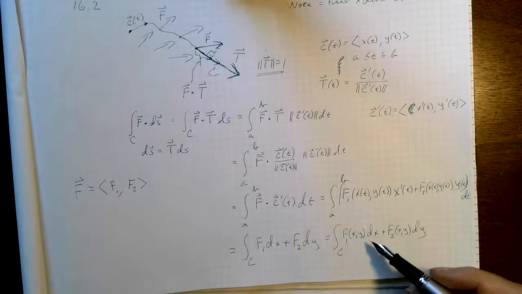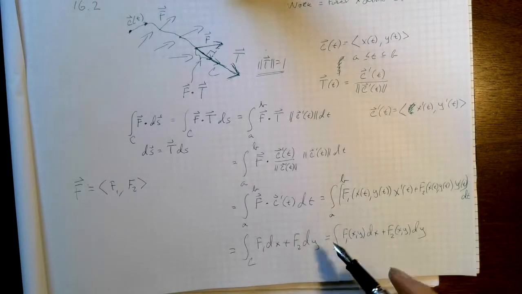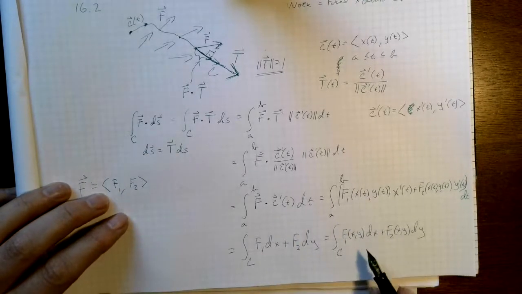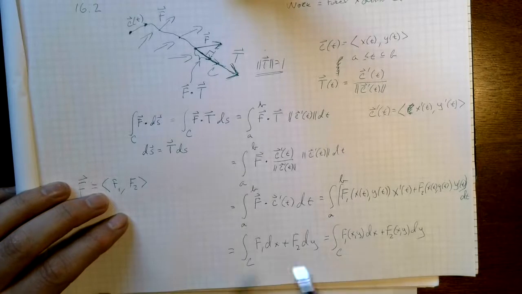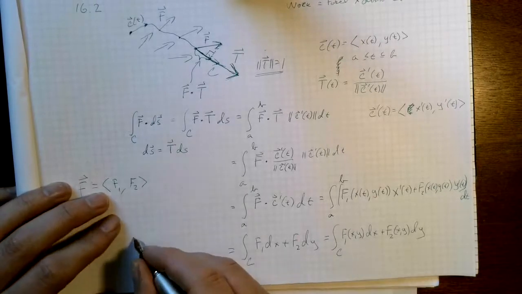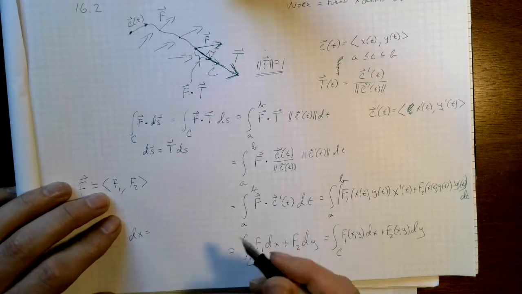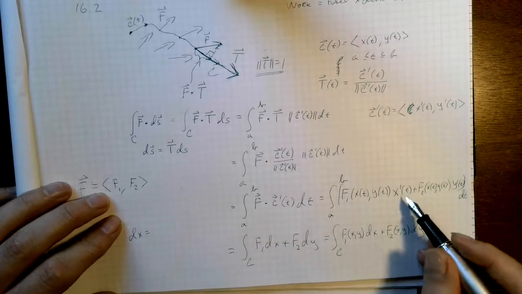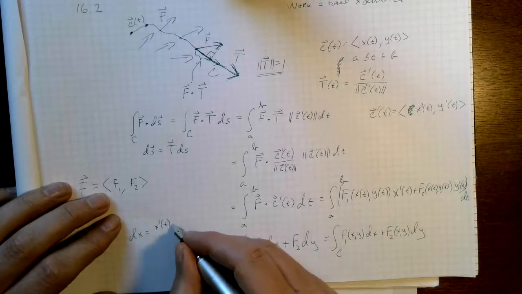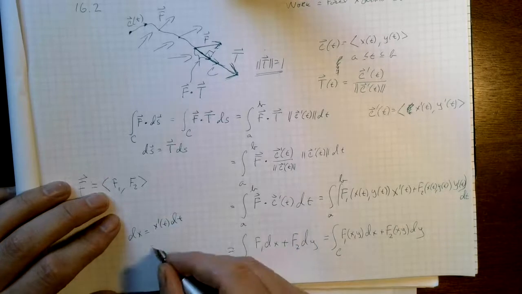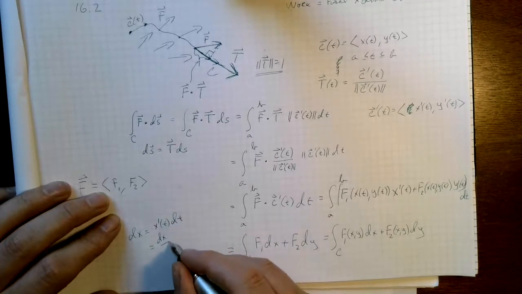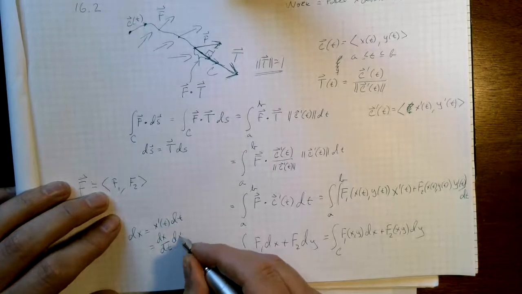One of the nice things about this notation is that it tells you exactly how to integrate, because it tells you what dx is. dx is x prime dt, or another way of writing it is dx/dt dt.